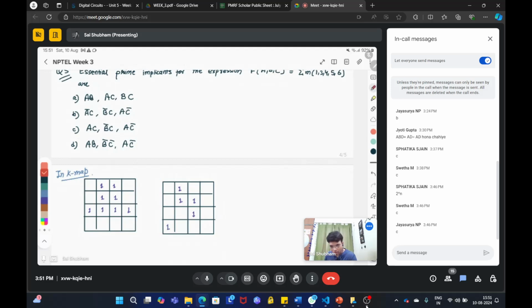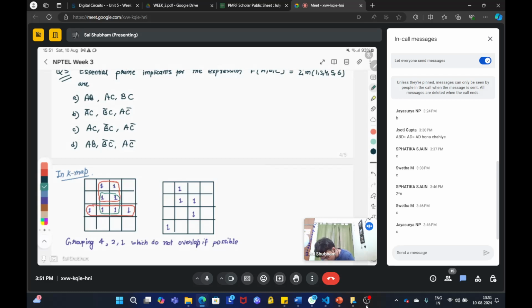So I will give you a hint. When we talk about prime implicants, we always talk about grouping of 4, 2, or 1, which do not overlap if possible. So in this case, we can group like this, we can have a group like this, but we will not make a group of this because first of all, this is redundant.